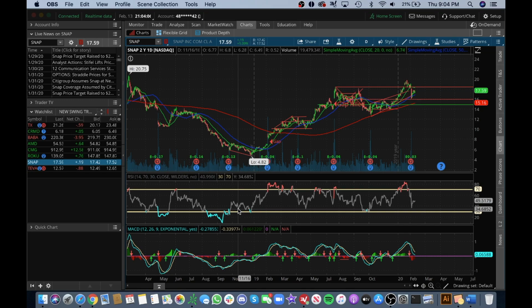The Relative Strength Index shows you if a stock is overbought or oversold. A stock would be considered oversold if it's beneath 30 with the parameters that I've applied. You can change these parameters in settings depending on the broker that you have.